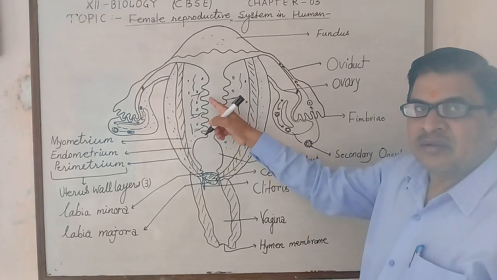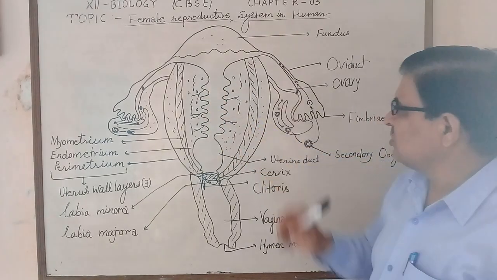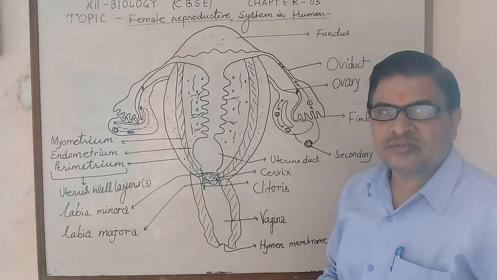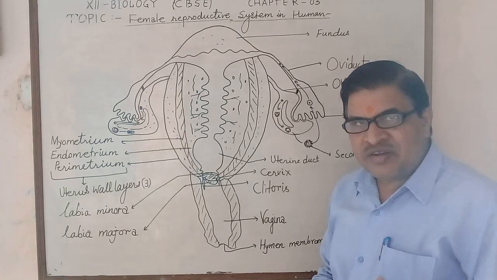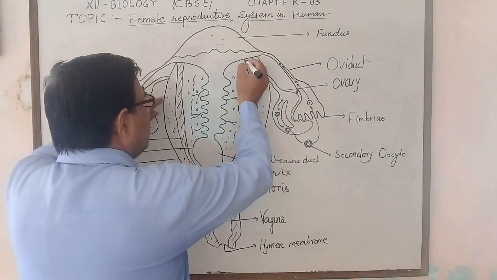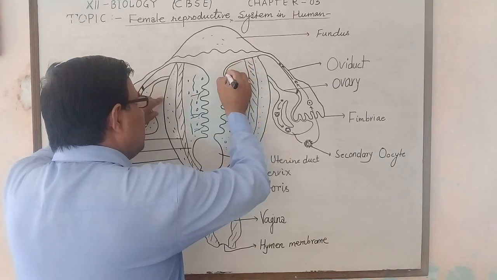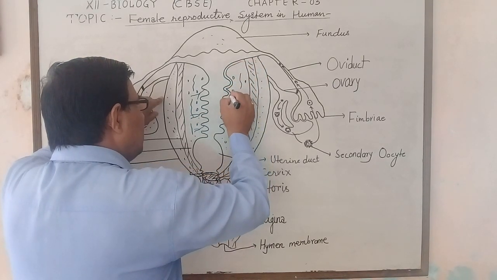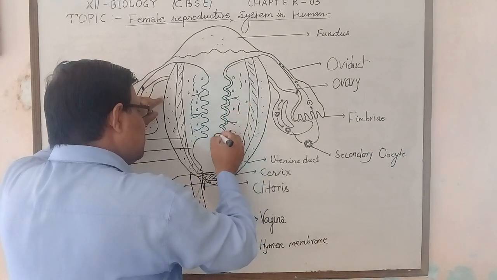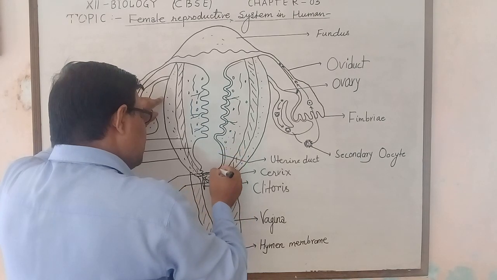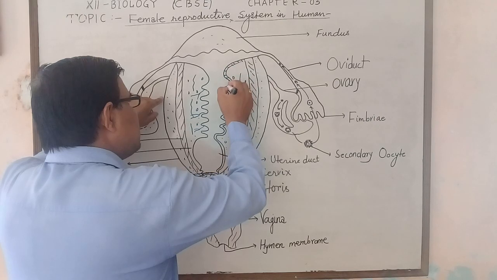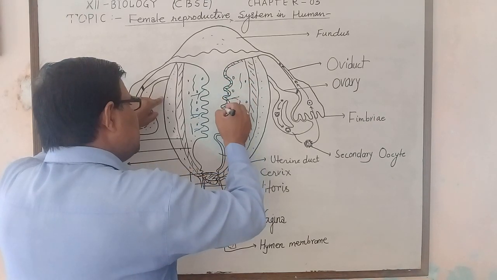Due to these ridges and furrows, this structure is called rugose. The endometrium is made of rectangular-shaped cells, an epithelium tissue.